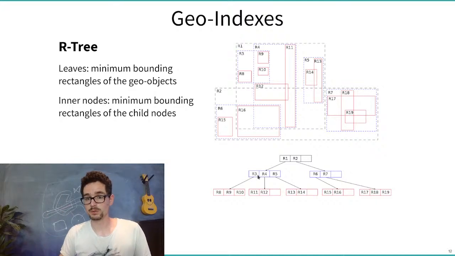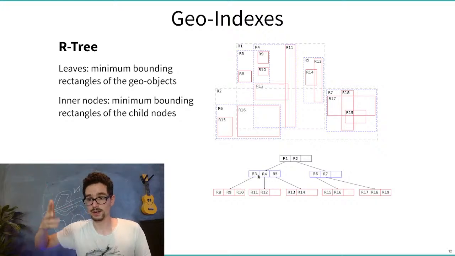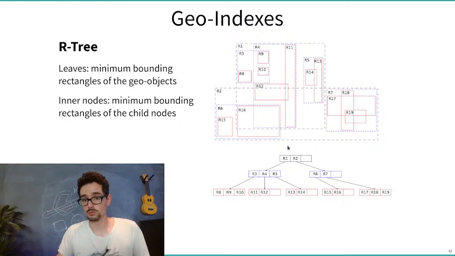And when we now want to find something in the tree, give me something that is in this rectangle, then we navigate through the tree to find overlapping rectangles, because when it overlaps to our search query, then it can be there.